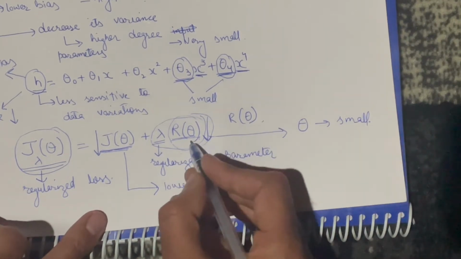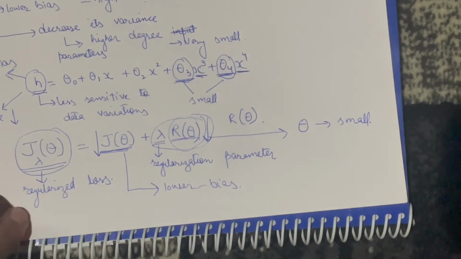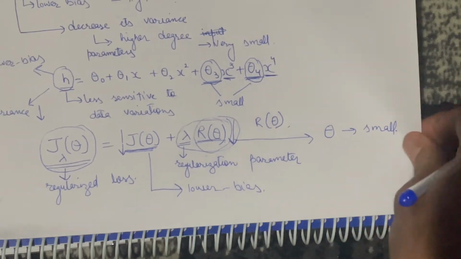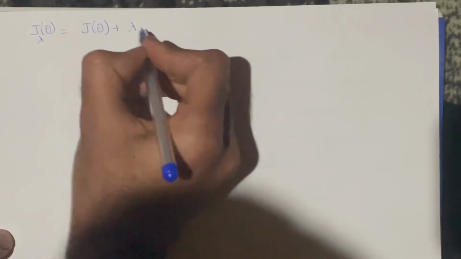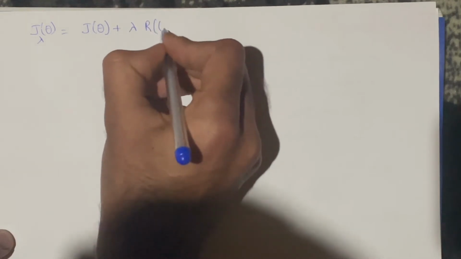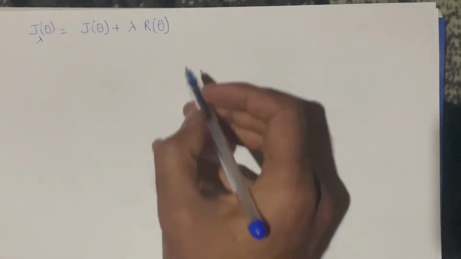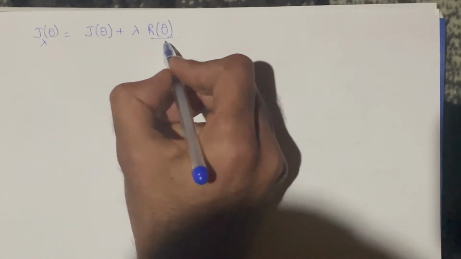So R theta will be a function of theta. Let me write again here. What is the regularized loss? The regularized loss is J theta equal to the original cost plus the regularization parameter times R theta. This R theta is also called a regularizer.